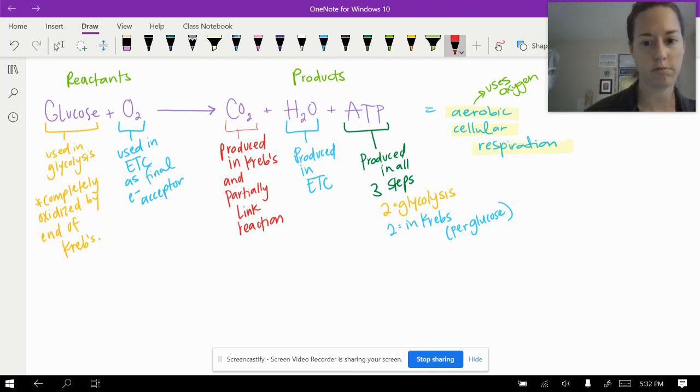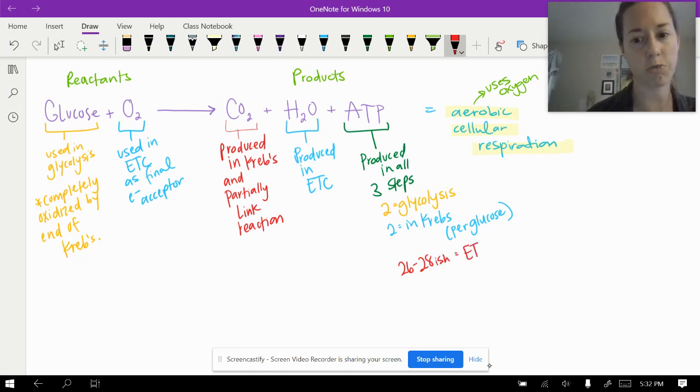And then 26 to 28-ish in electron transport chain slash chemiosmosis.